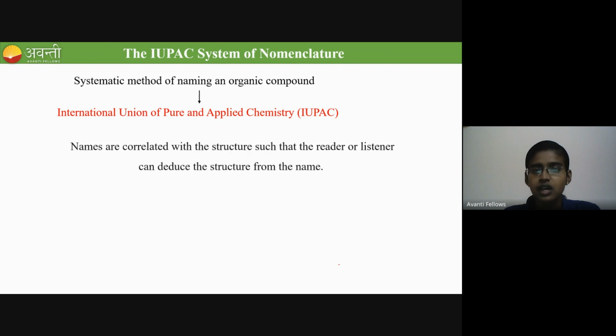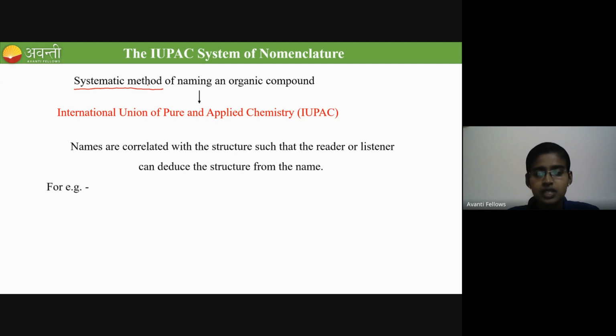The names of IUPAC are correlated with the structure such that the reader or listener can deduce the structure from the name. So if I give you the name, you can derive the structure. How can you get the structure? By studying the rules of the IUPAC. Got it? So it is a systematic method of naming a compound, where all chemists can do it.